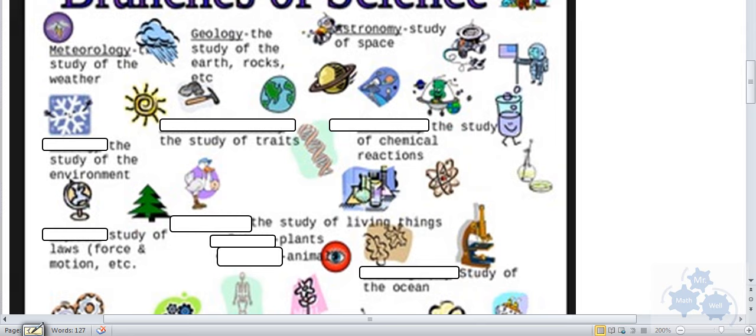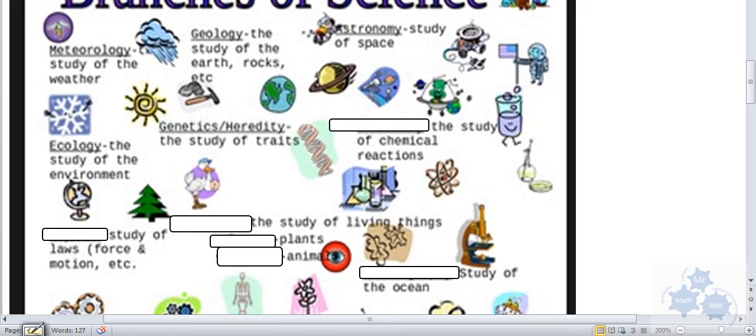What about the environment, the study of the environment? Anyone know what that would be? What did you say back there? What did you say, Braden? Ecology, correct. Ecosystems, the environment, ecology. Very good. What about the study of traits?